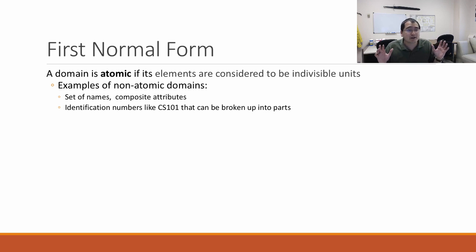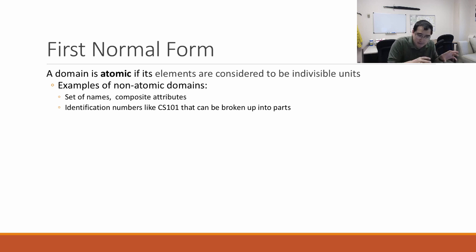Okay. So some examples of non-atomic domains are things like sets of names, like lists, and composite attributes, things that have multiple parts. They're composite, which is the opposite of atomic. Sometimes these things are harder to catch. For instance, identification numbers like CS480 can be broken up into parts, and so they're really not atomic. There's actually two parts here.